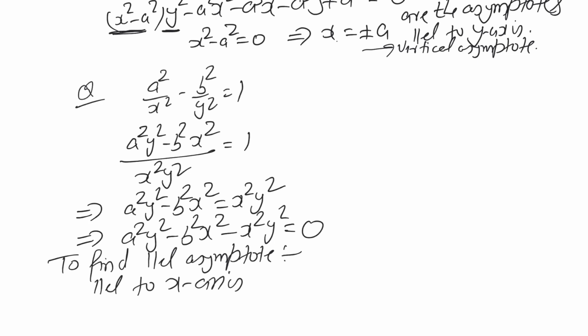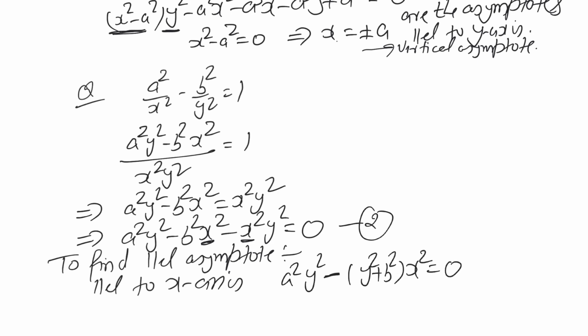equation number 2 can be written by collecting the highest degree in x. We can write this as (a square minus y square) x square minus b square y square is equal to 0. Now the coefficient of the highest degree in x is a square minus y square.